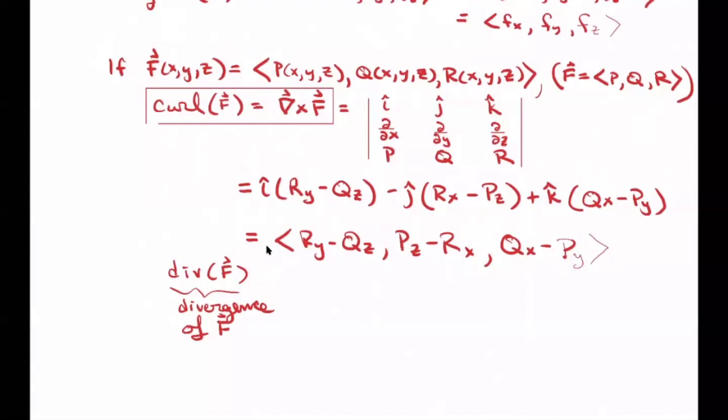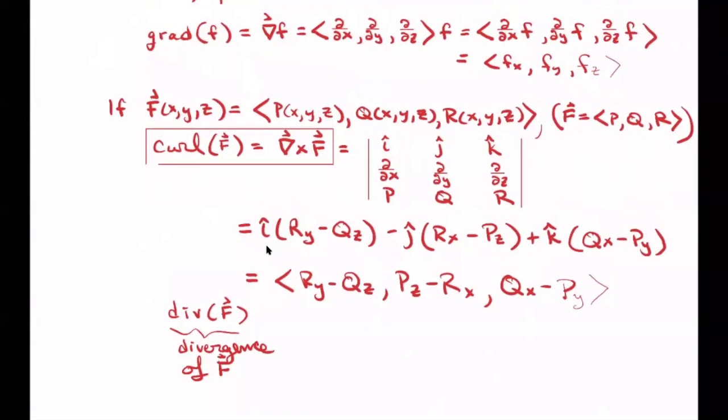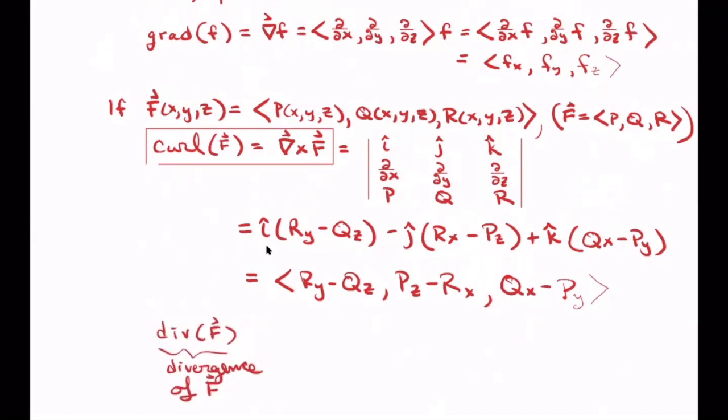All right, so we've got the div of F, which is short for divergence of the field F. As you might guess, it's the third of the scalar and vector products. So it's the dot product.